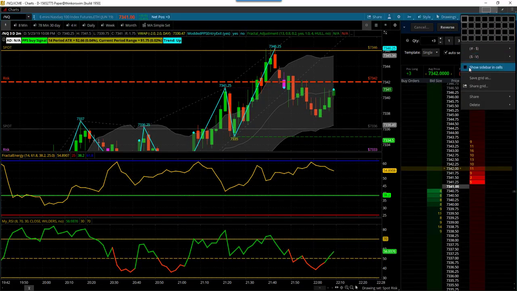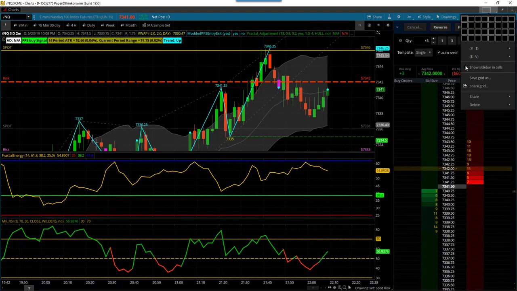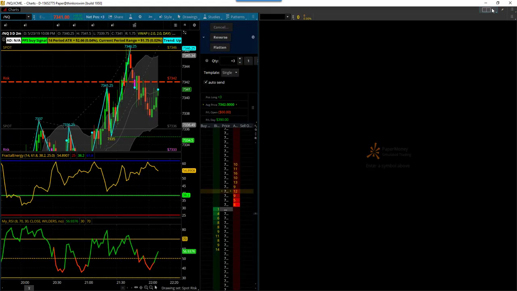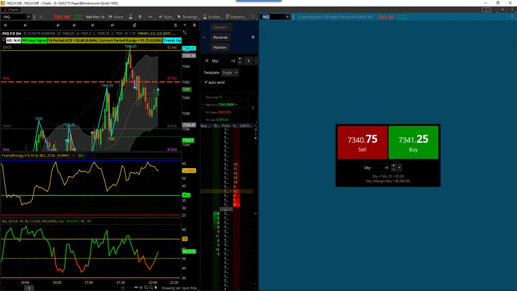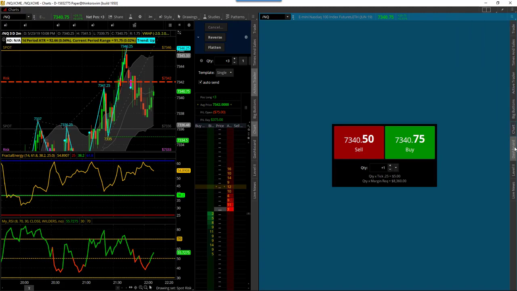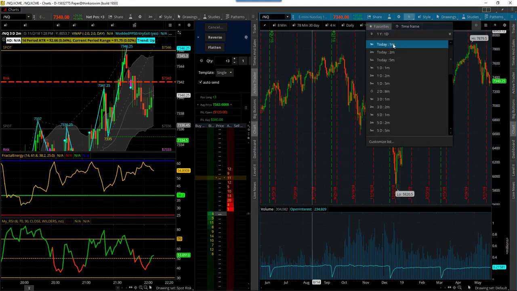And what we can do perhaps is look to maybe add another chart, put the NQ on the 1 minute over here with the Bollinger.